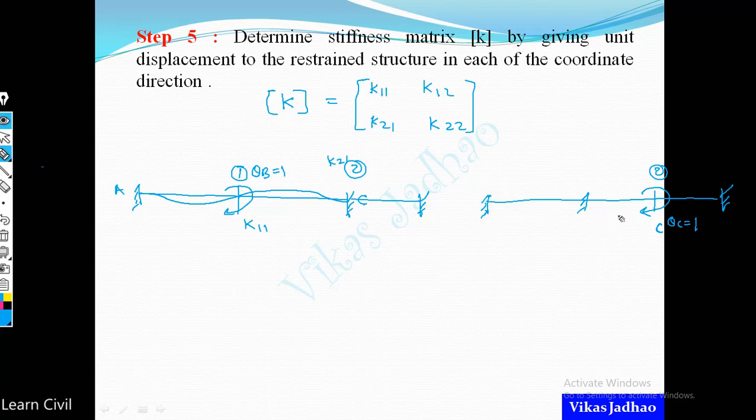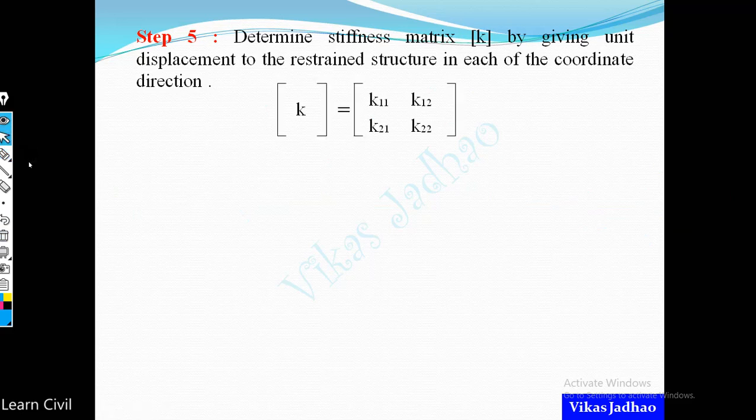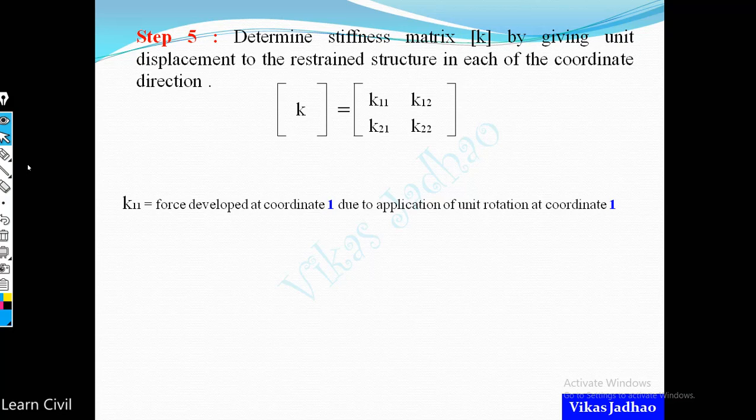So we will again get two coefficients, that is K22 and K12, and we will calculate the values of K12 and K22 from their stiffnesses. So this is our stiffness matrix. K11 is the force developed at coordinate number 1 due to application of unit rotation at coordinate number 1, and K21 is the force developed at coordinate number 2 due to application of unit rotation at coordinate number 1.